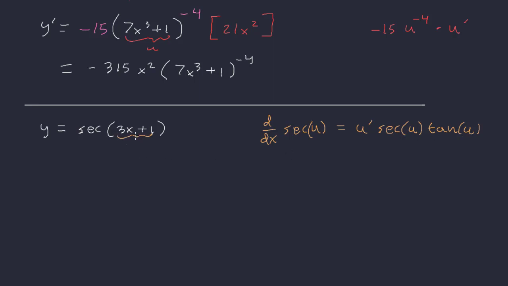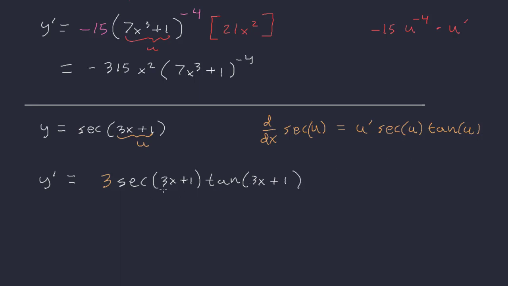So this 3x plus 1 is our u, okay? So when we do y prime, it's going to be u prime. Well, u prime is going to be 3. Okay? Then it's going to be secant u, which is 3x plus 1, times tangent of u, 3x plus 1.